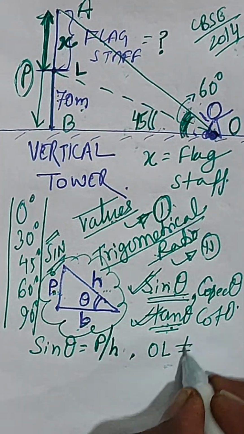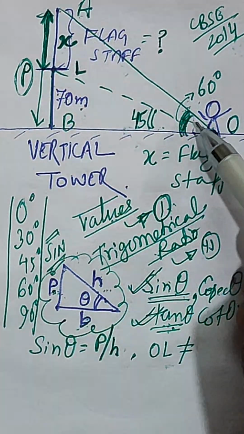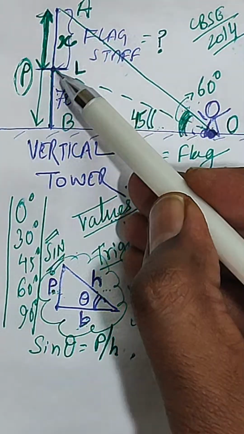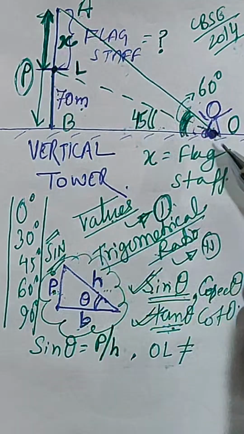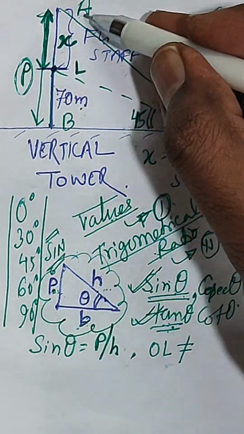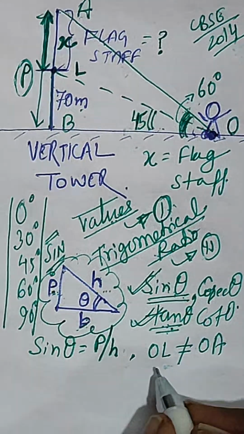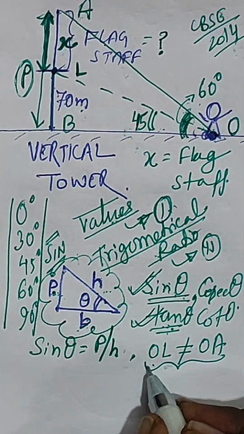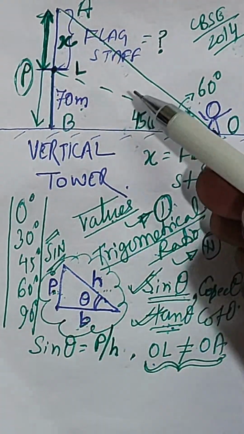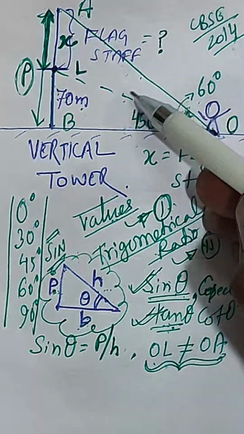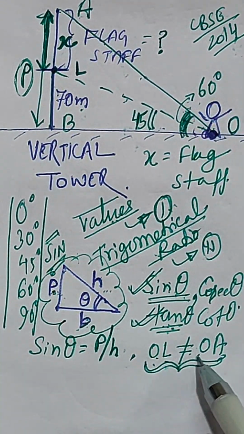OL is the line of sight from your eyes to the base of the flag staff. This distance is not equal to O to A. You remember what I want to say? This gives you an input: the hypotenuse lengths for the two triangles are different. That's why these are not equal.